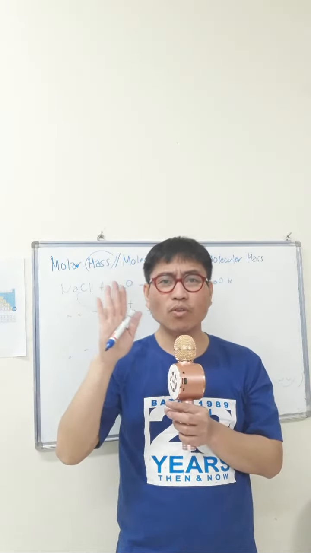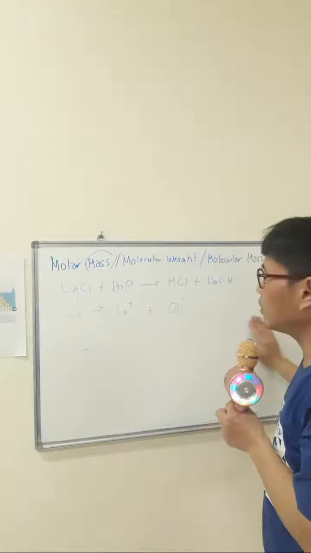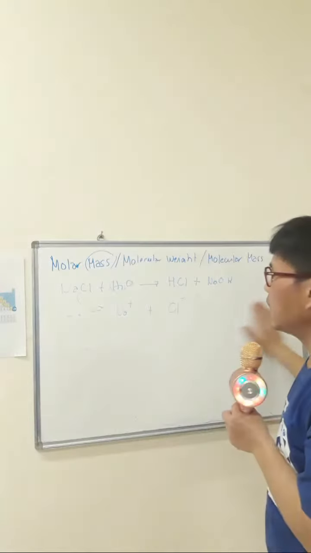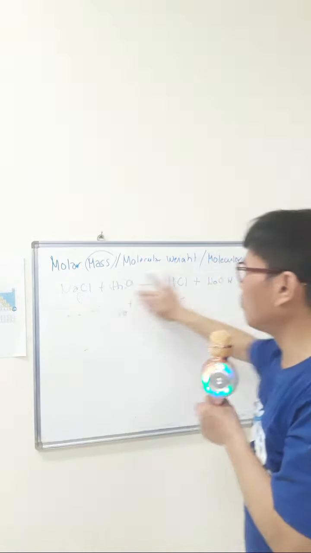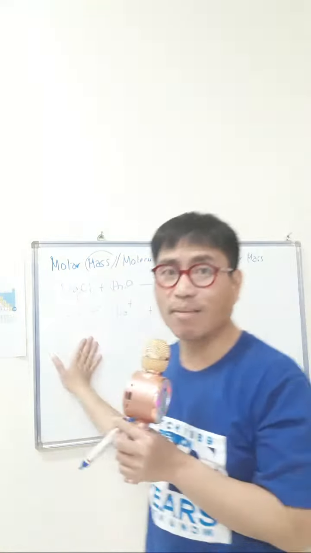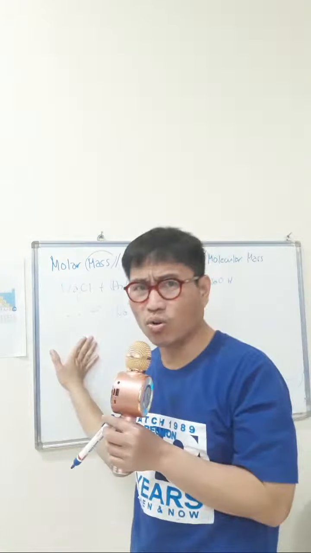The colligative property is more on the dissociation. And then the stoichiometric chemical calculation is more on the balanced chemical reaction. You get the point.